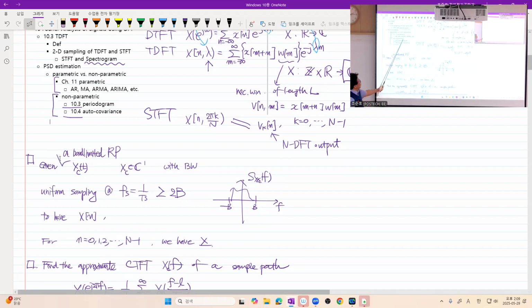And in sections 10.3 and 4, we studied non-parametric approaches. These non-parametric approaches are both based on the definition of power spectral density. The first one is more related to the definition itself, and the second one is related to the so-called Wiener-Khinchin theorem.